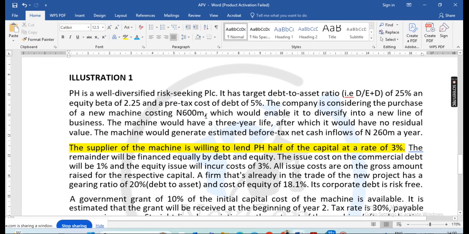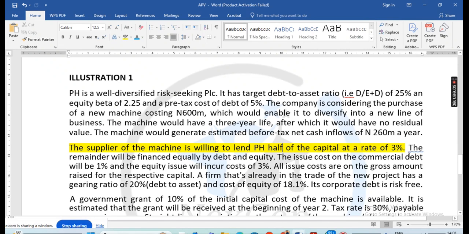The machine cost is 600 million. The supplier is now saying, we want to help you. We will give you a loan that you will pay interest at 3%. What is half of 600? Half of 600 is 300.